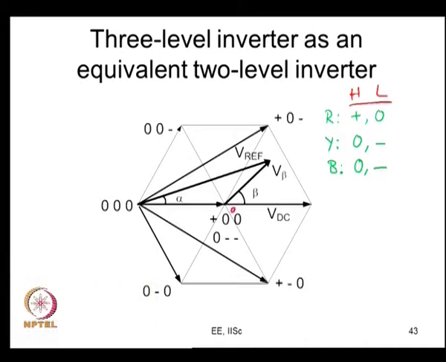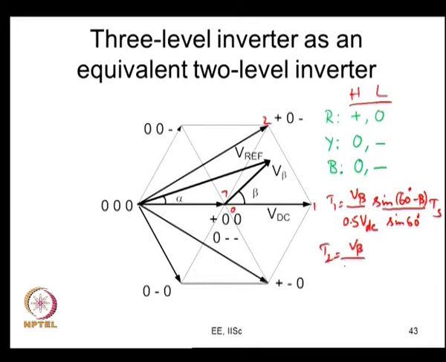You see, you call this 0, 1, 2 and 7, T1 will be V beta divided by 0.5 VDC. Instead of VDC it is now 0.5 VDC, and sin of 60 minus beta instead of sin of 60 minus alpha divided by sin 60 into Ts, and T2 will be V beta by 0.5 VDC sin beta by sin 60 into Ts.